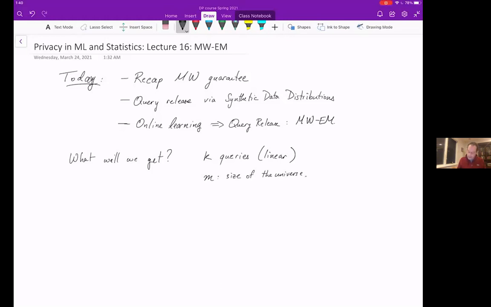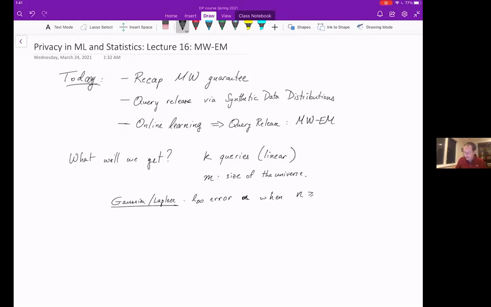Okay. And so when we used the Gaussian and Laplace mechanism for query release, when we just added noise to each of the queries, what we got were L infinity errors. This meant that each of our answers was accurate to within some parameter alpha when n was at least some quantity.